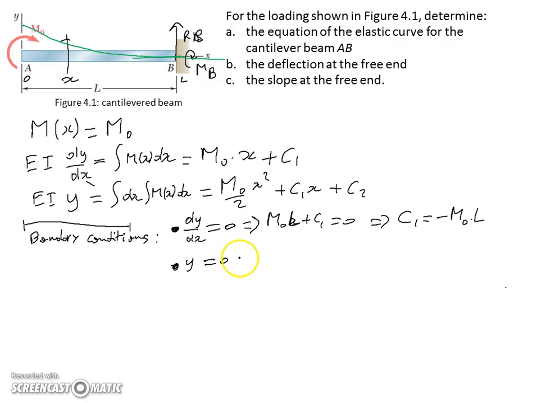So for the deflection, I end up with M0 over 2 L squared plus C1. C1 is minus M0 L, so minus M0 L squared plus C2 equals 0.